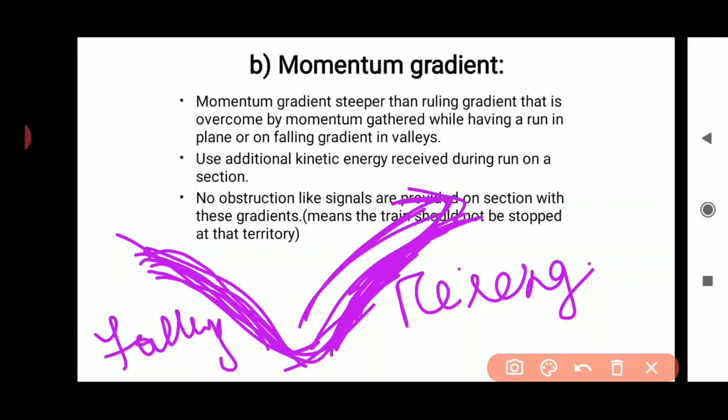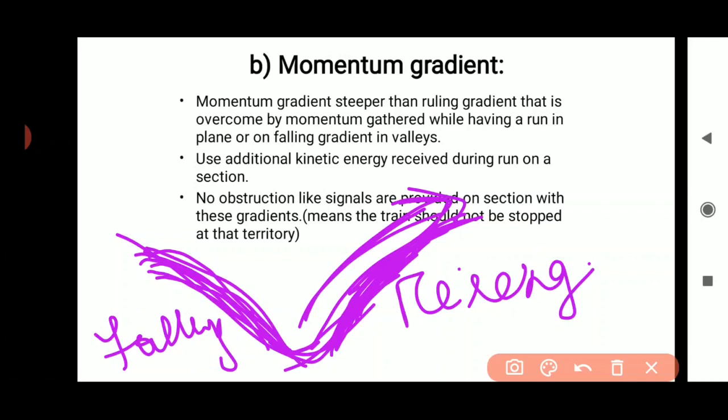If there is a stoppage, then the locomotive will lose its momentum, and there will be no sufficient momentum for the locomotive to cross over this rising gradient.